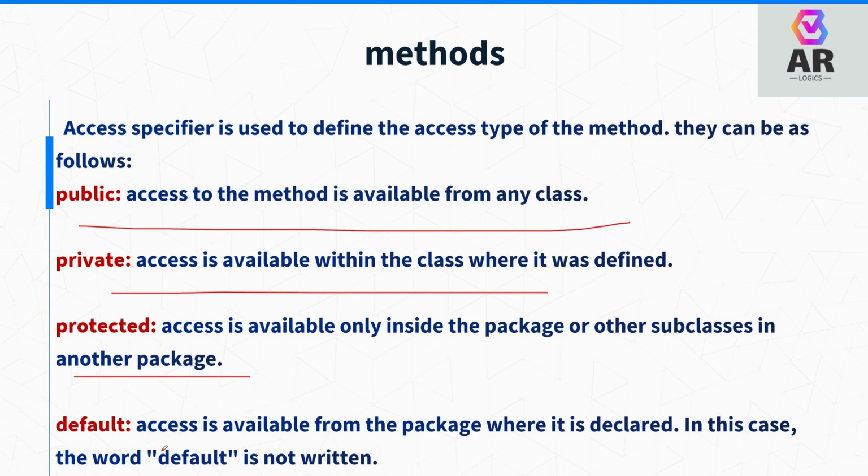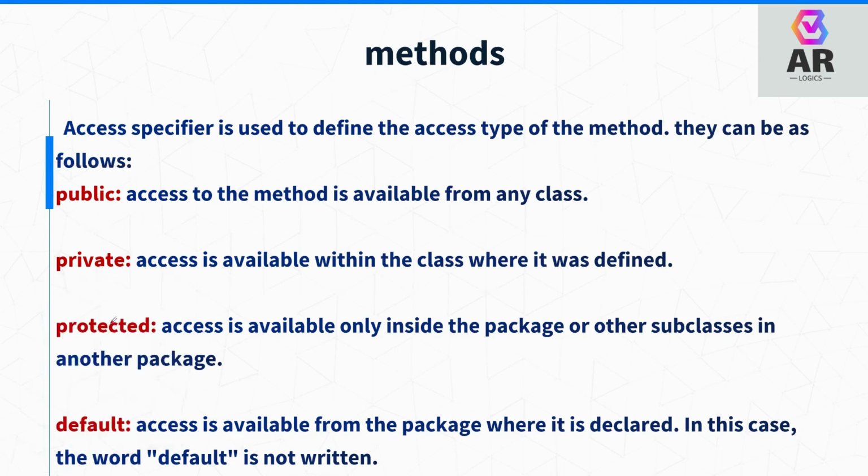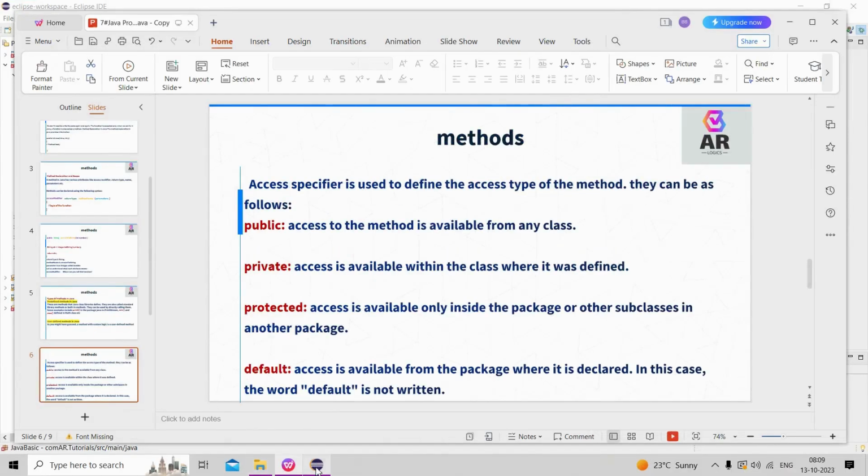Within the package only we can access the fields and methods. We can discuss this clearly in the next class. Just remember this: public, private, protected, and default. Then in the practical demonstration, you can understand clearly.